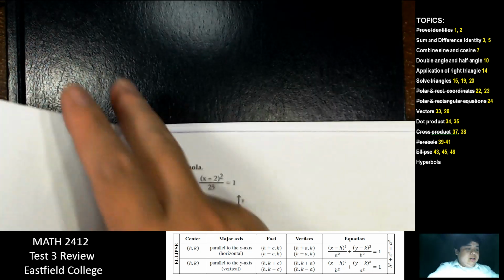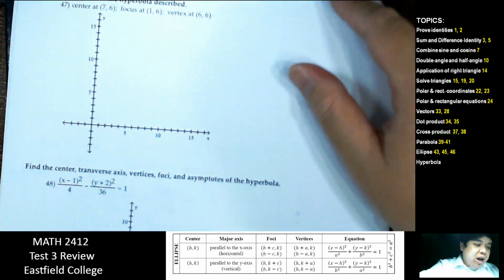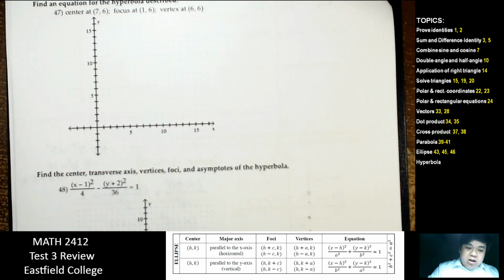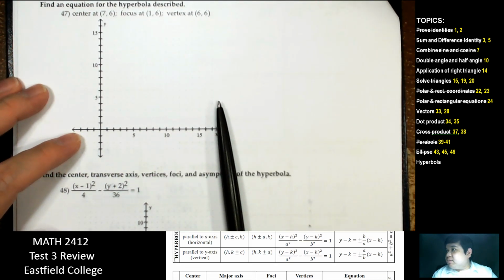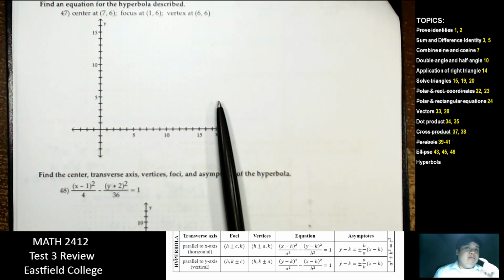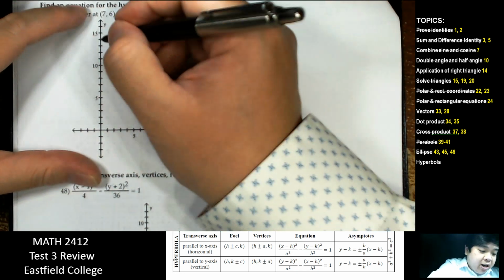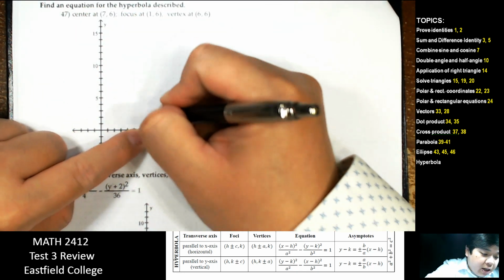A problem. Also, we do need to have the box. So first, let's plot this. Note that again, formula on that side. The center is (7, 6), (7, 6).